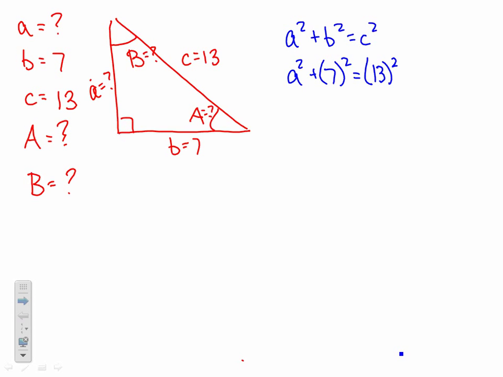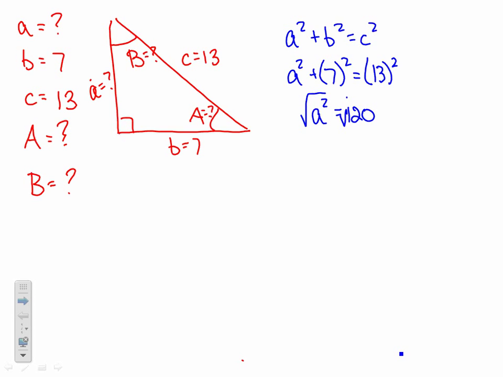And then I'm going to subtract, which 7 squared we know is 49. We're going to subtract the 49 from the 13 squared, which is 169. Leaves us with 120. All right.